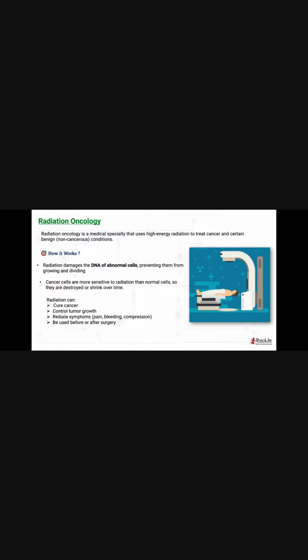Cancer cells are more sensitive to radiation than normal cells. Over time, these cancer cells shrink or are even destroyed, while the normal cells recover better and grow again. All right. So radiation can be used to cure the cancer, control tumor growth, or even reduce symptoms.